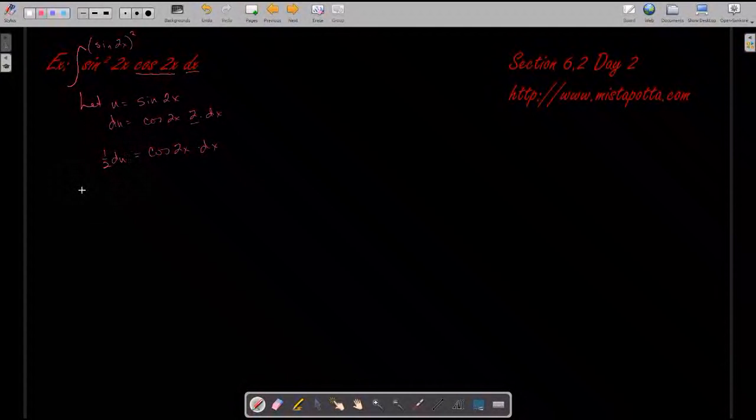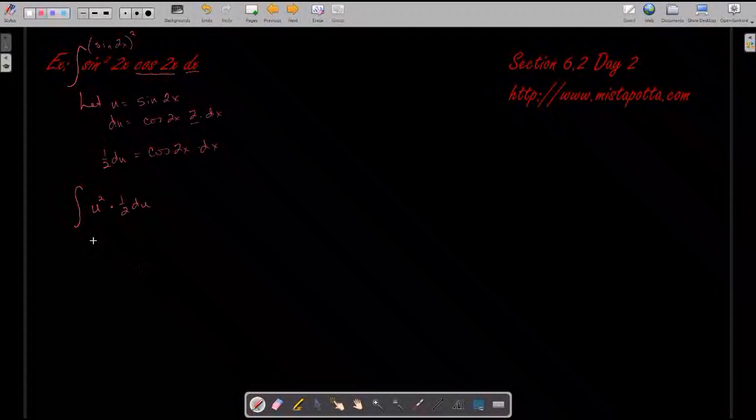And so this problem becomes the integral of u squared times 1/2 du. And this is something that I can take the antiderivative of using the power rule.